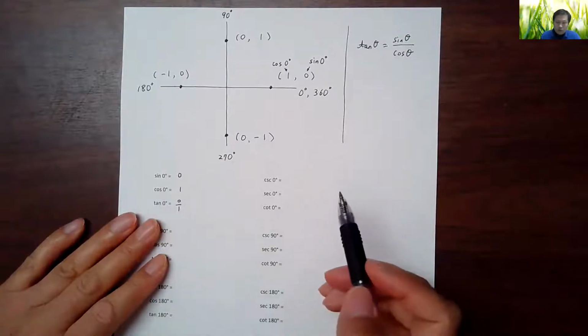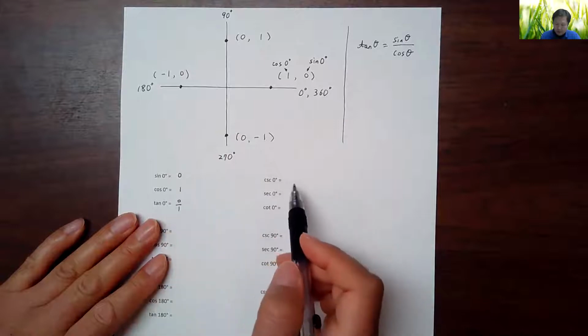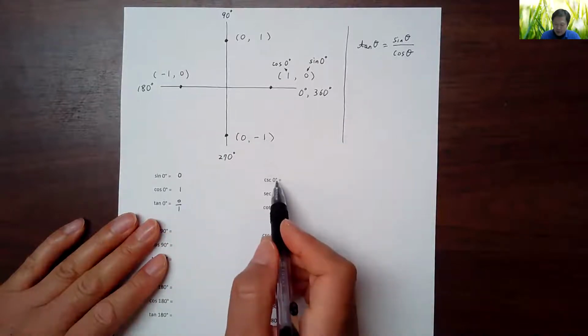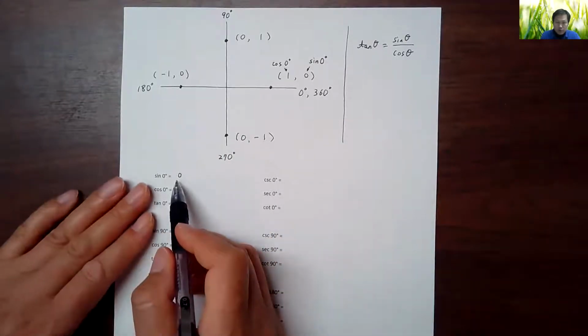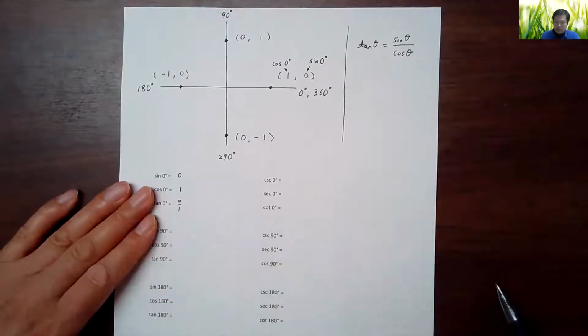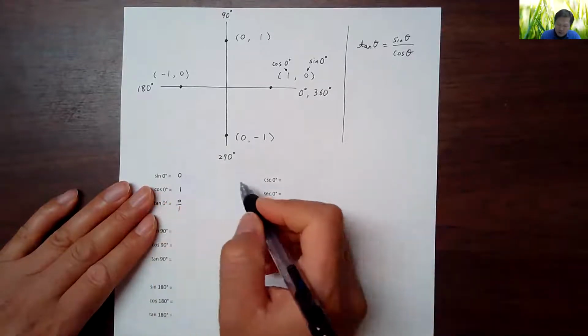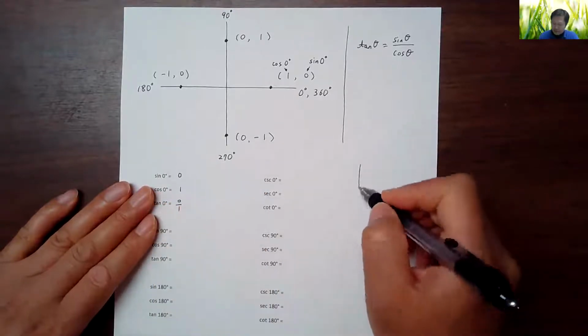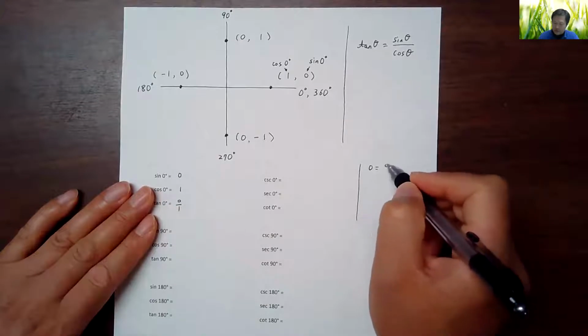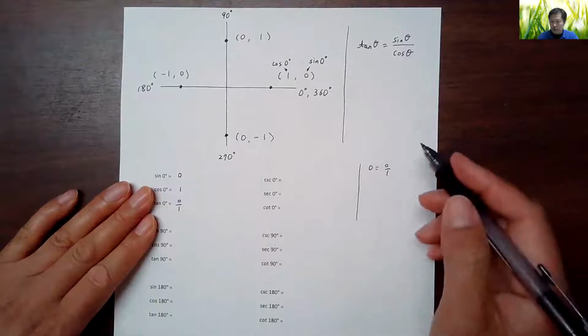Okay, now dealing with reciprocals. Let's say you need to get cosecant 0, which is the reciprocal of sine 0. Sine 0 is 0. You can interpret 0 as 0 over 1, or 0 over 2, 0 over 3.